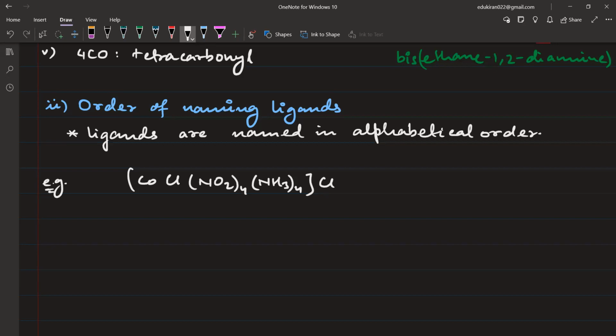Then in this case, what are the ligands? You have chlorine, NO2, and you have NH3.